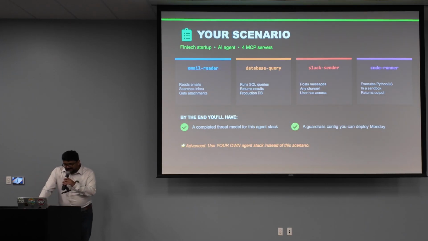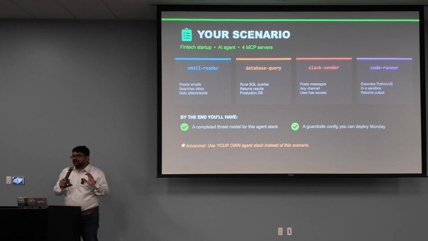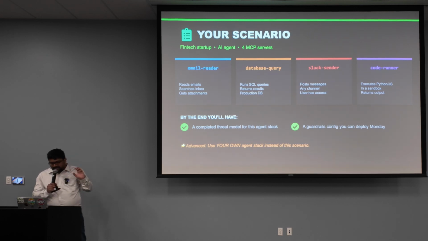Now take a scenario where you are building a fintech startup and you have four MCP servers: an email reader that reads your email and searches the inbox, a database query MCP server for your fintech startup, a Slack sender, and a code runner.